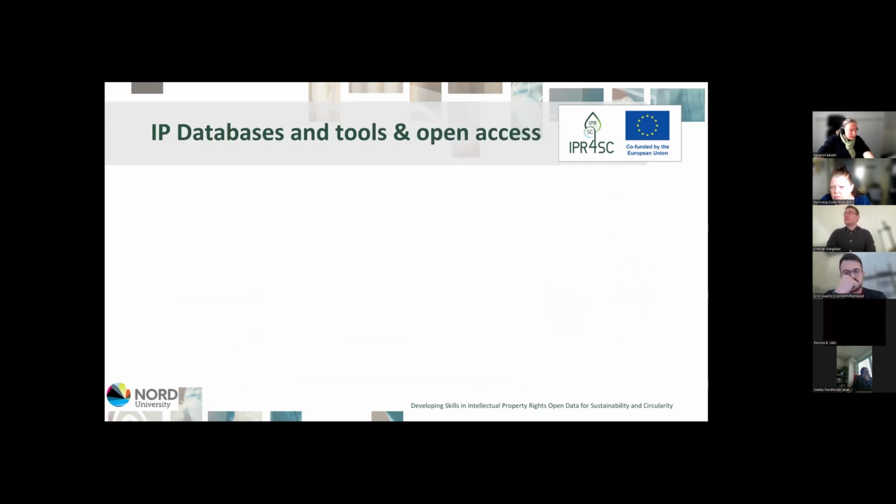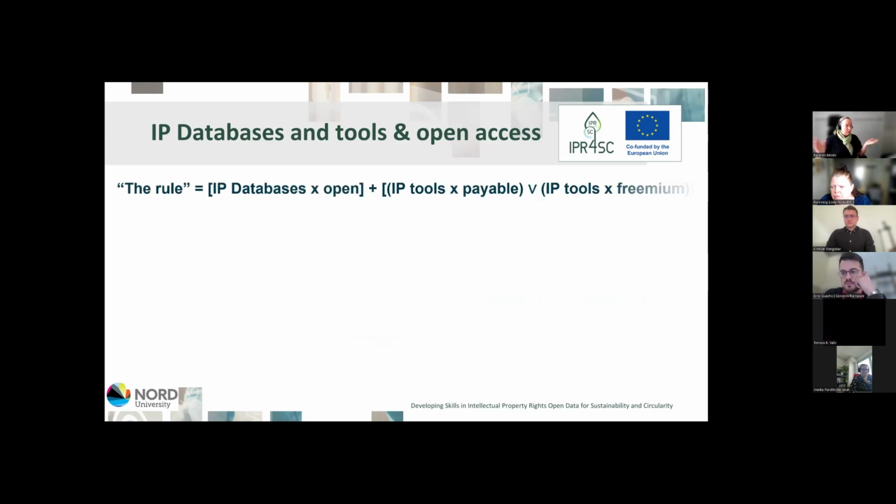Okay. So I mentioned a little bit this, things can be private, things can be public. So it relates well to this question of open access. And here's a general rule. And it's a general rule because we'll show you examples that defy this as well.